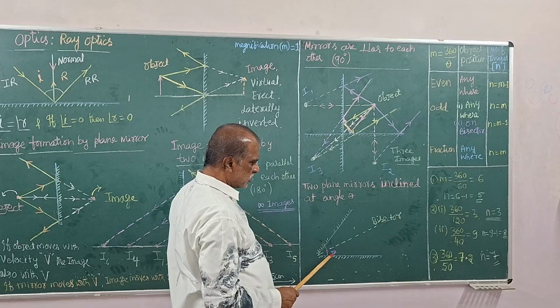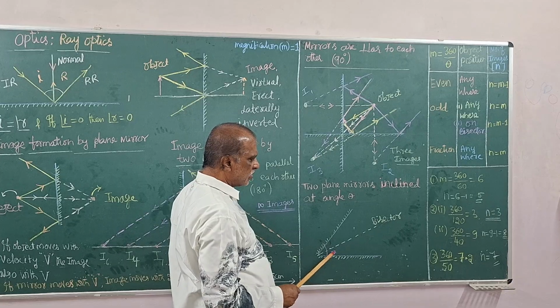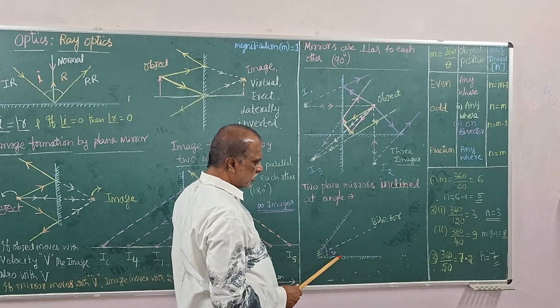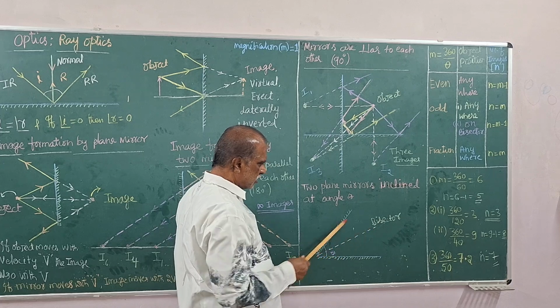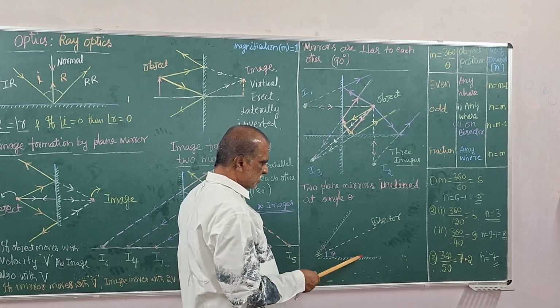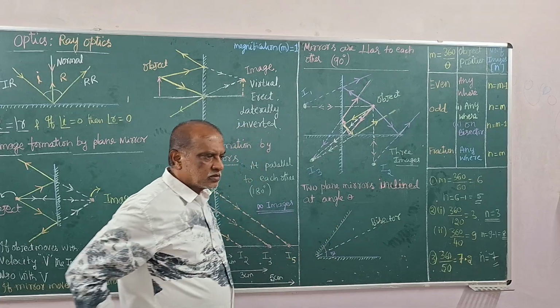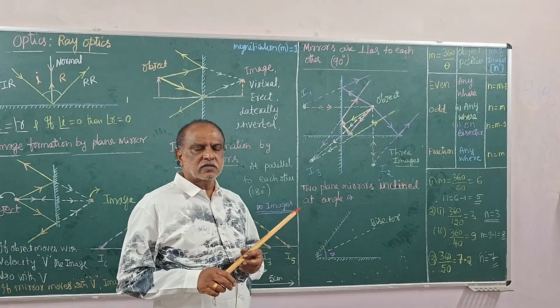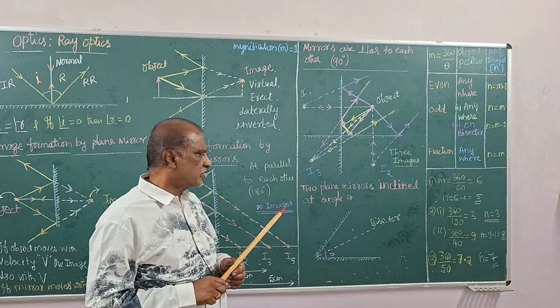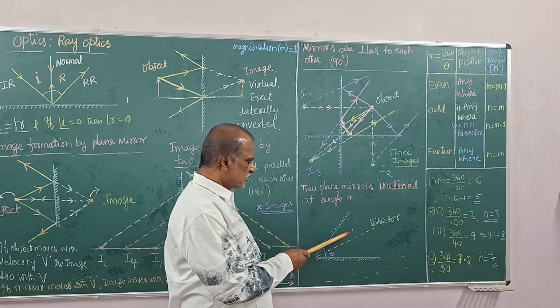Let us say in general, theta is any angle between the two mirrors, and this line is a bisector, exactly bisecting the two mirrors. What would be the number of images formed by this system?